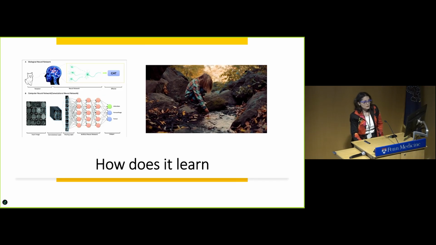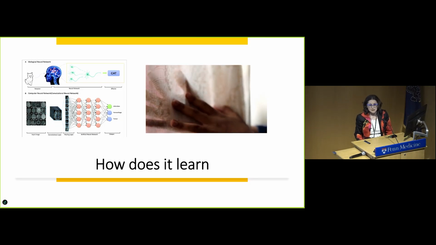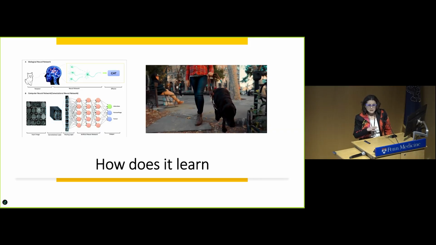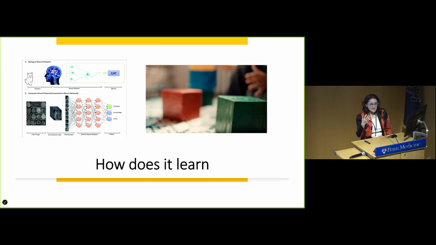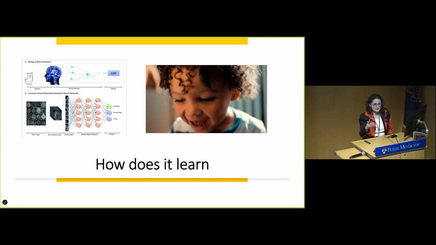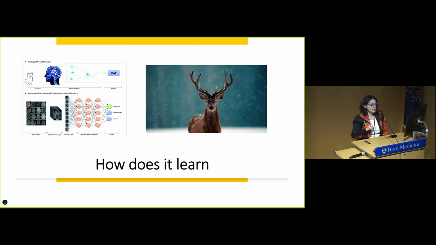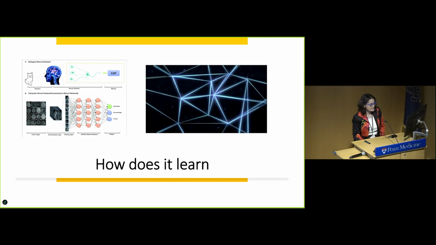And just for people to know how AI in general learns, basically think of it like a child. You show it a cat, a dog, and multiple times different variations of cats or dogs or breeds, and then at the end it starts identifying them, and then it identifies breeds that you did not show it in the past. So think of it like training a child about certain things.